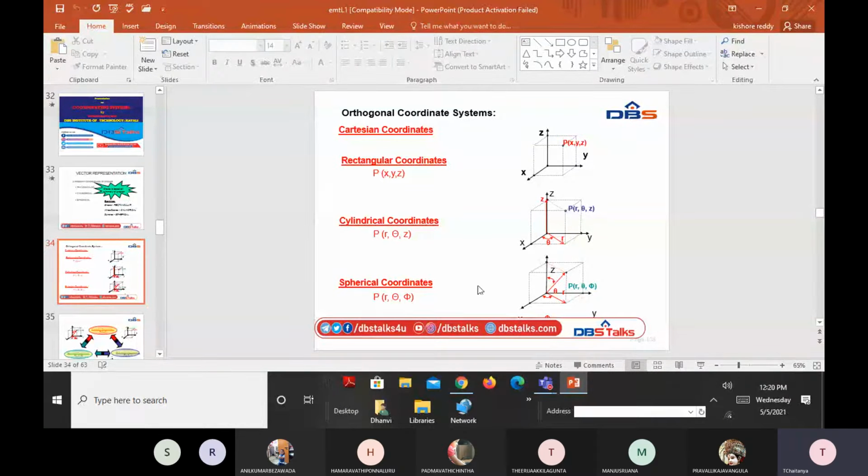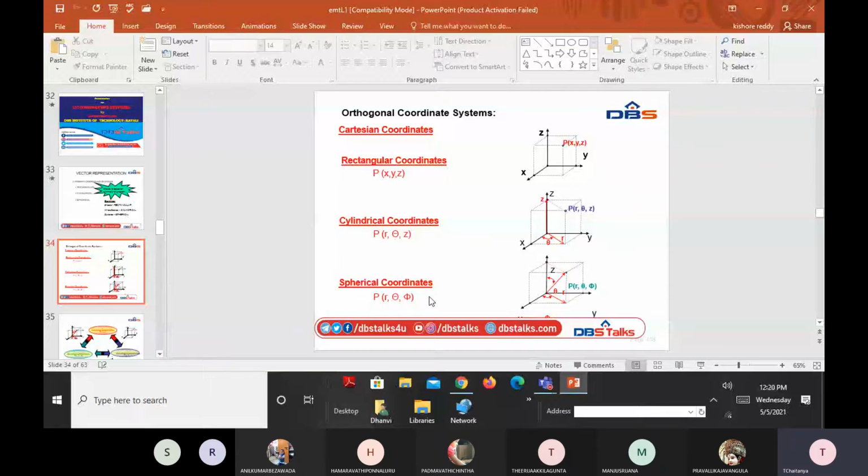In a spherical coordinating system, the point representation is P of r comma theta comma phi, where r is the radius and theta is the azimuthal angle between the radius and the x-axis.